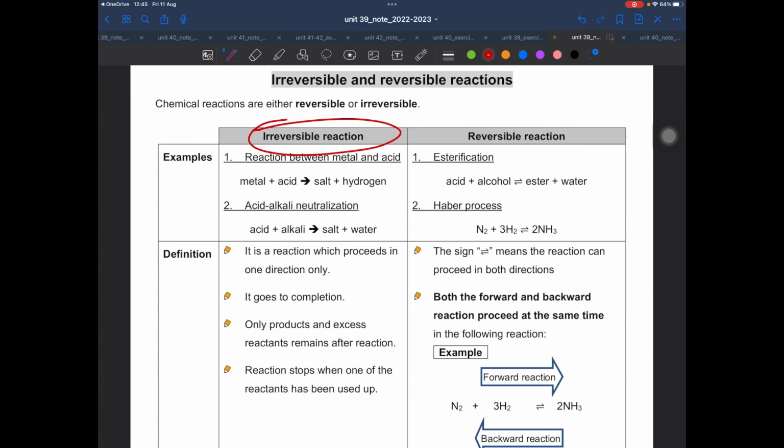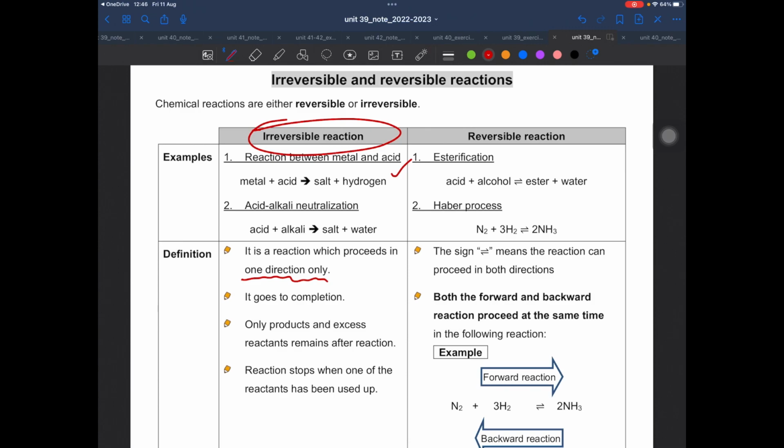irreversible reaction. Irreversible means they only go in one direction, single way only. There is no U-turn, you cannot go back. There are many typical examples. For example, what about a metal reacting with acid? All metal eventually will turn into salt and hydrogen.